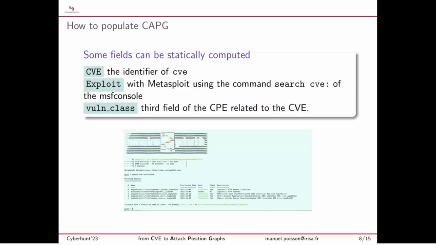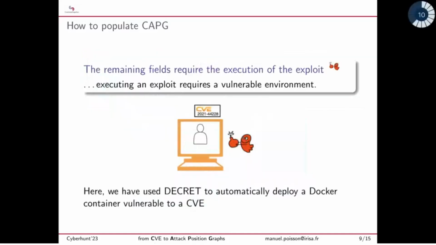And the vulnerability class can be found in the CPE related to the CVE, to say whether it's a vulnerability affecting an application or an operating system, for instance. And here we have a screenshot of the Metasploit console that can be used to find the exploits.